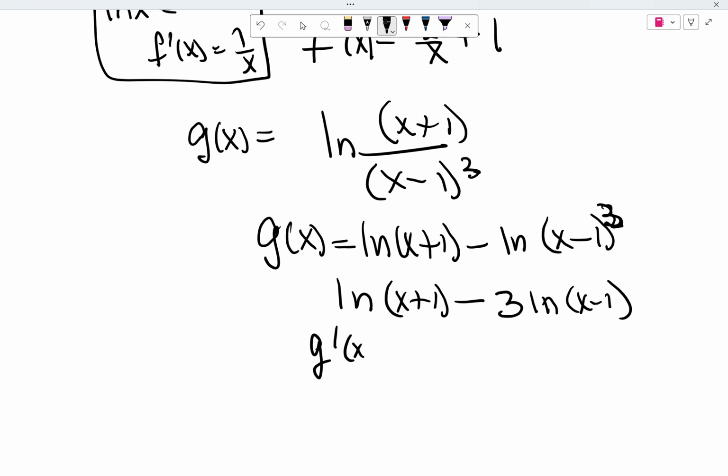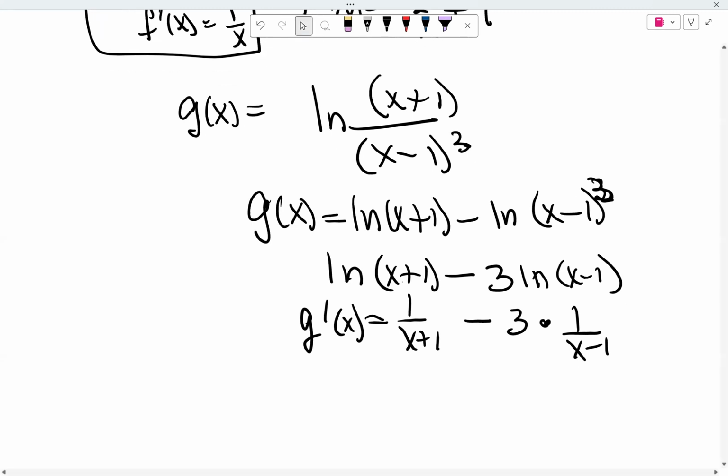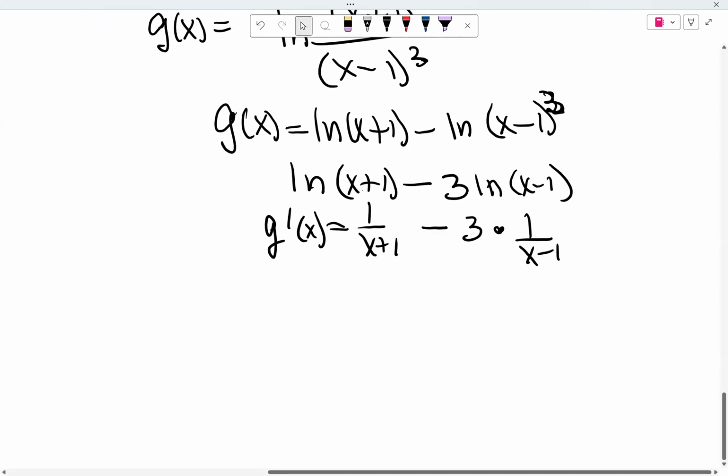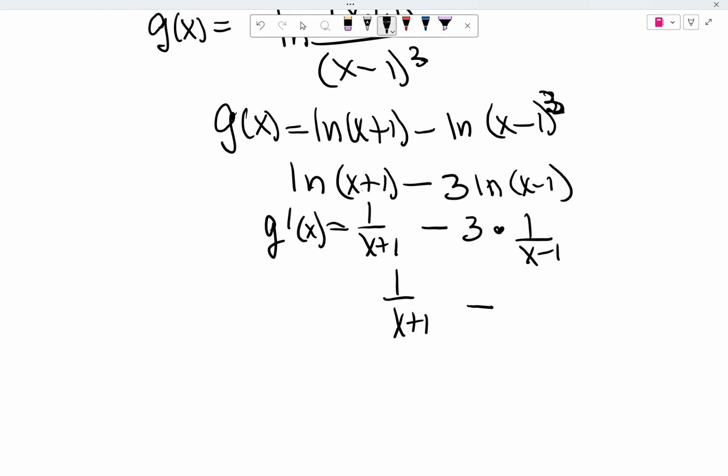So the derivative of the natural log of x plus 1 is 1 over x plus 1 minus 3 times 1 over x minus 1. Okay, and so if we condense it, this will give us 1 over x plus 1 minus 3 over x minus 1.